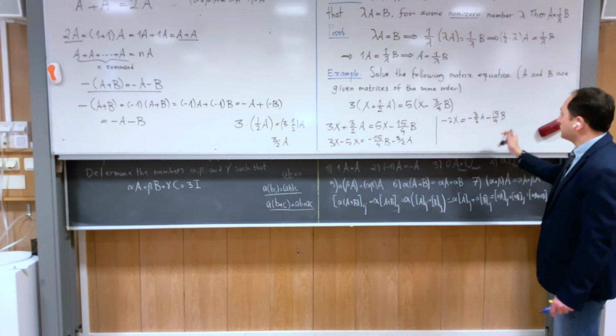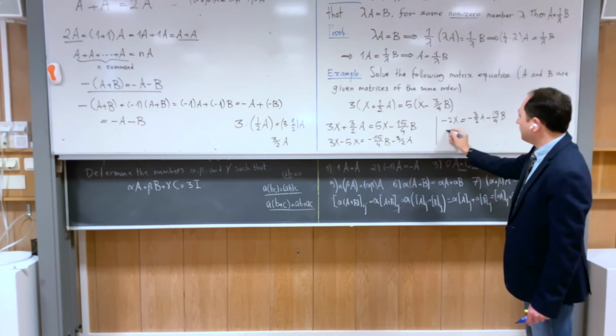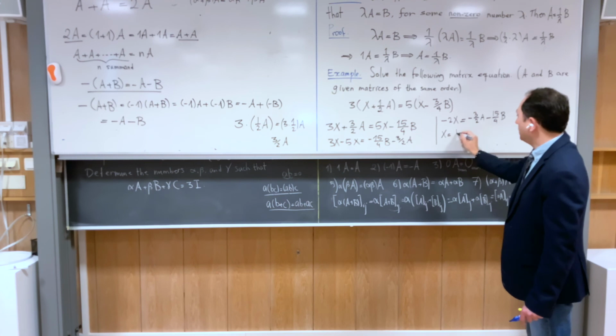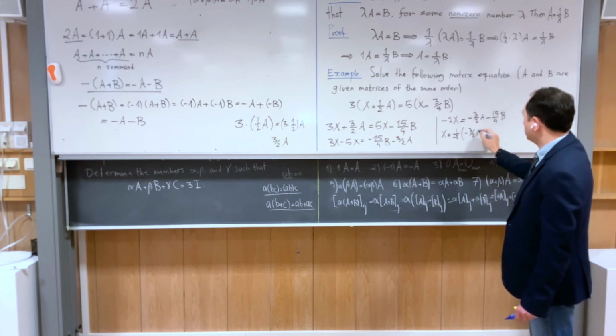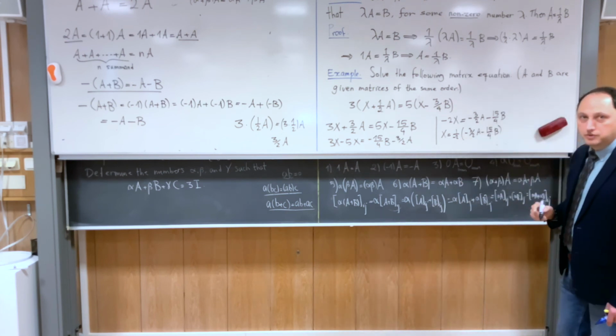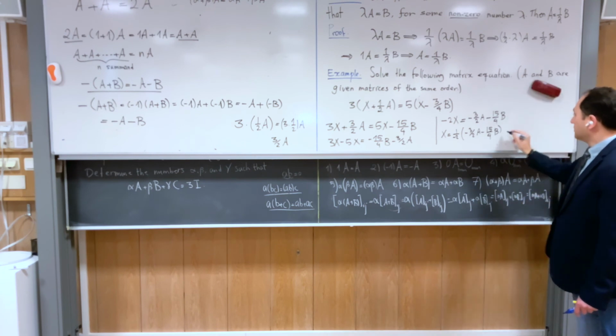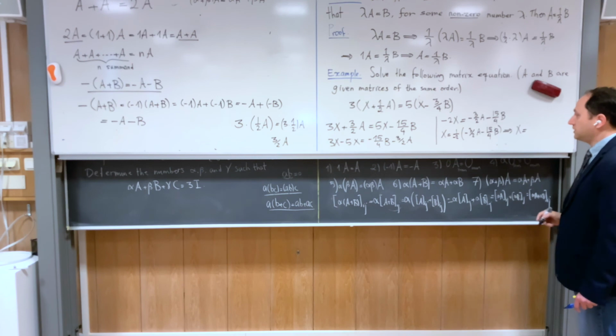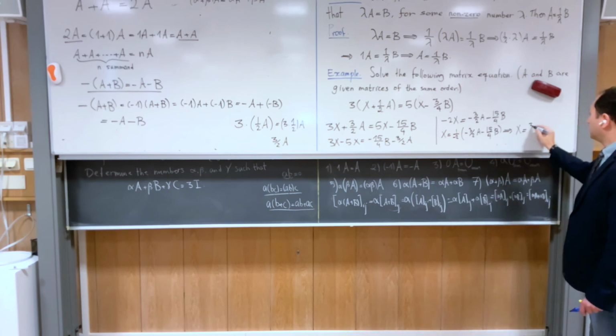So I can write this expression X is 1 over minus 2 times this expression. But again, because of the properties of the previous theorem, I can distribute minus a half inside. So then this means that my X is equal to, if I multiply these two, 3 over 4 A, and then 15 over 8 B. Yes?